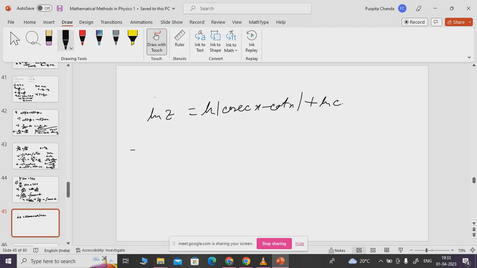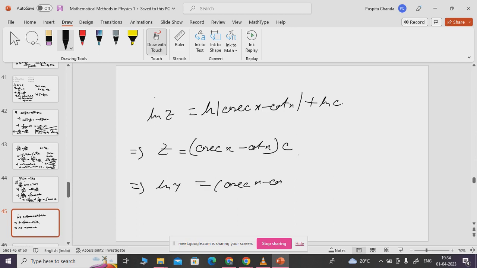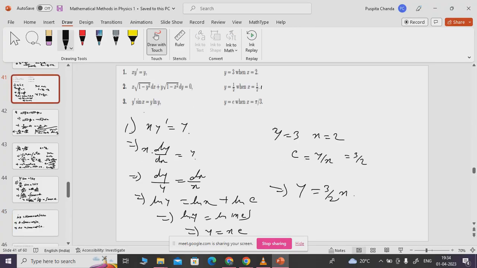So the solution is ln z is equal to the integration of cosec x, which gives us cosec x minus cot x. For simplicity, we'll take a coefficient ln c. So z is equal to cosec x minus cot x into c. z is ln y.